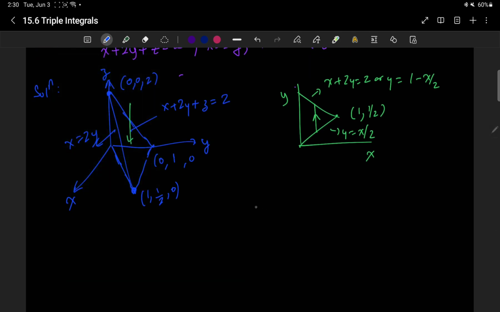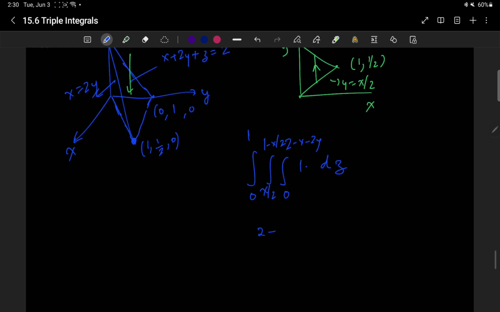So finding the volume simply amounts to doing the integral of 1 dz first because I'm projecting to xy. Where does it go? It goes from 0 to the plane, which is 2 minus x minus 2y. Then y goes from x over 2 to 1 minus x over 2, and lastly x goes from 0 to 1.